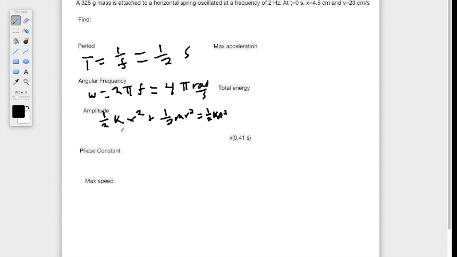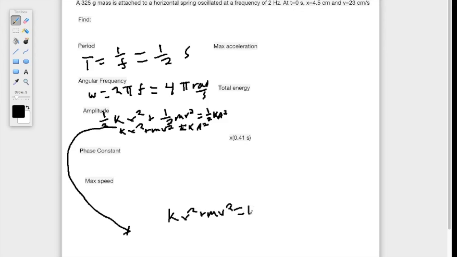So then we get kx squared plus mv squared equals ka squared. So divide by k, so we get x squared plus m over k v squared equals a squared.